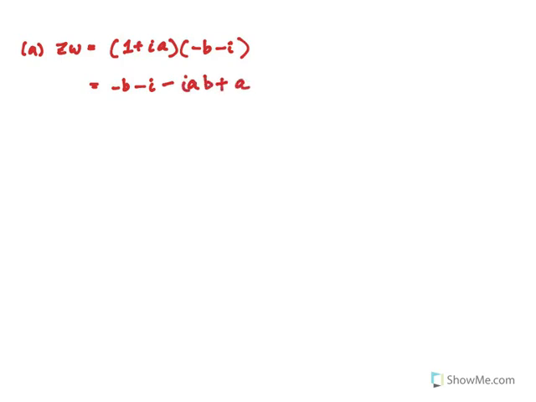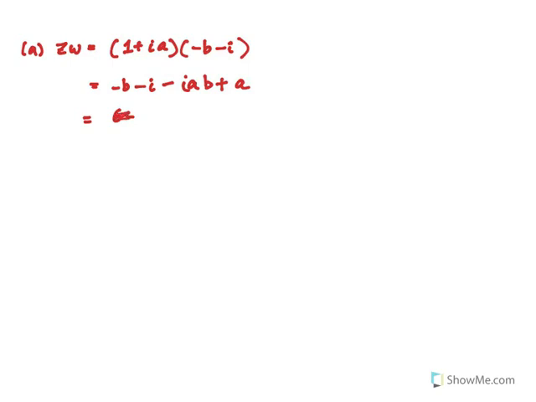First up, the product ZW is just 1 plus iA multiplied by negative B minus i. If I expand this, I get negative B minus i minus iAB plus A, equals 6 minus 11i.